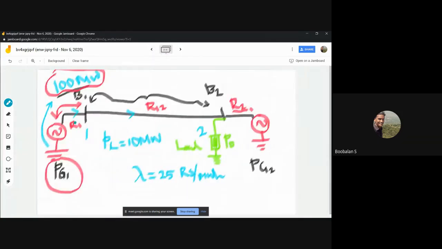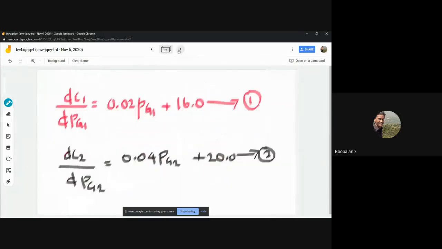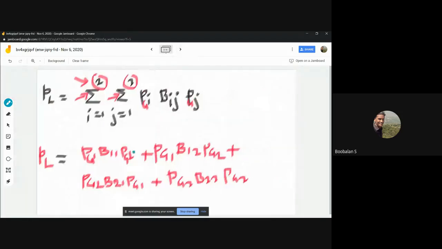The remaining constants here, in the form of resistance, are R1, R12, and B12. Here the transmission line constants are B11, B12, B21, and B22.